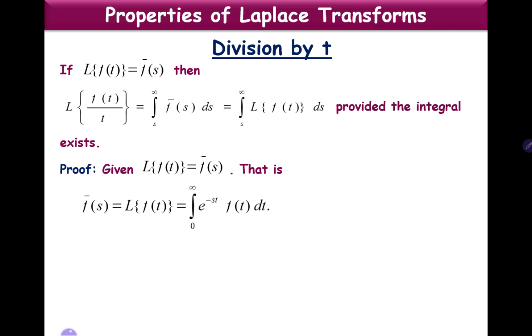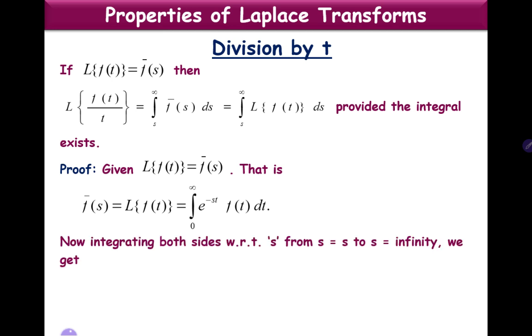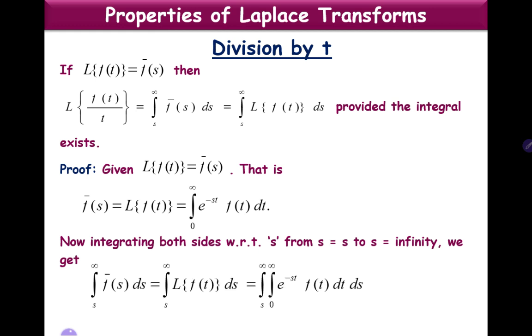Now what we do is we integrate both sides with respect to s within the limits s to infinity. So upon integrating both sides, we get integral s to infinity f bar of s ds is equal to integral s to infinity L of f of t ds, which is equal to integral s to infinity integral 0 to infinity e power minus st into f of t dt ds, because this is the right hand side and we are integrating this again with respect to s within the limits s to infinity.